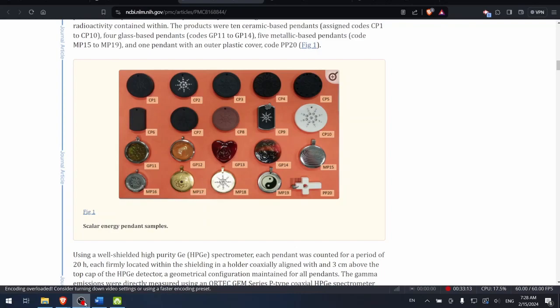So mine is this glass one here. It looks like just green sea glass, honestly. If you've ever been to the beach and picked up a piece of worn, smooth glass, that's what this looks like. There's a little bit of a design. I'm going to see if I can show it here if you're watching.